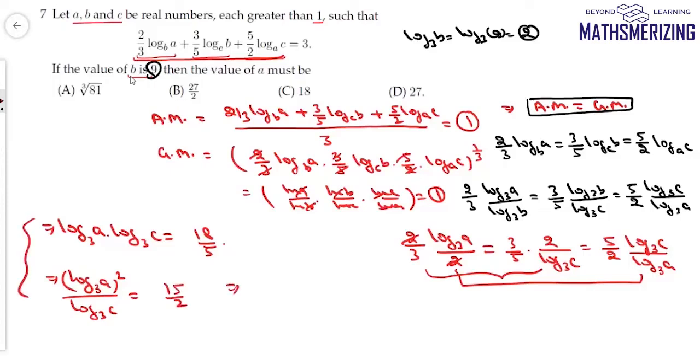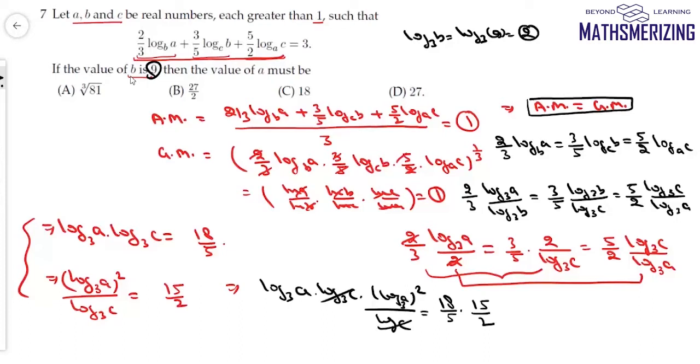Now I'll multiply these two. So if I multiply them, then I can write it as log a into log c into log a whole square upon log c, and this is 18 upon 5 into 15 upon 2.